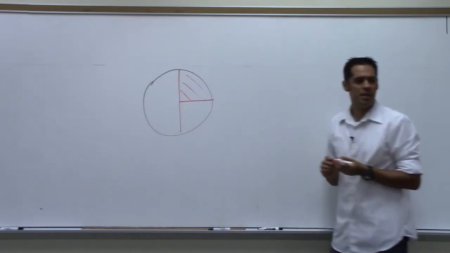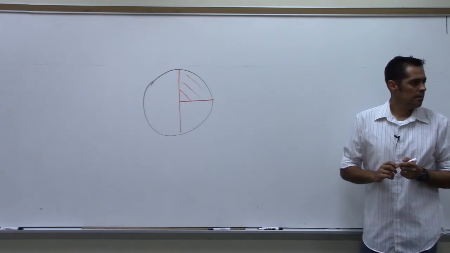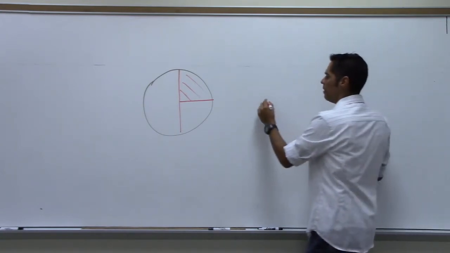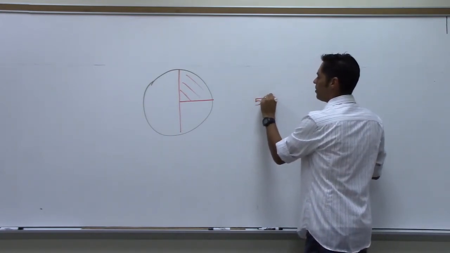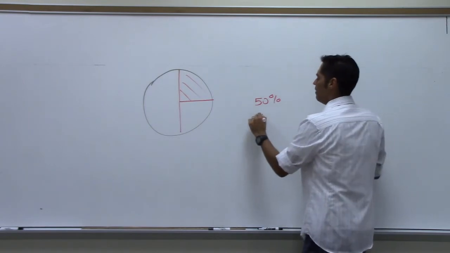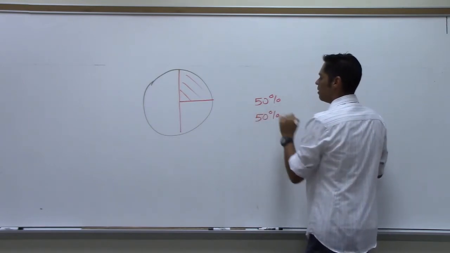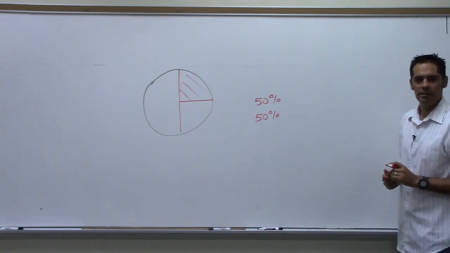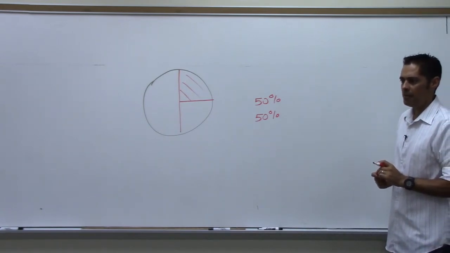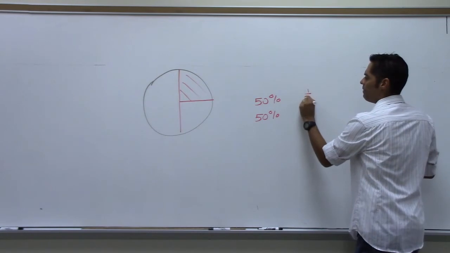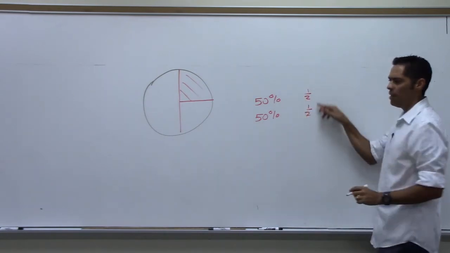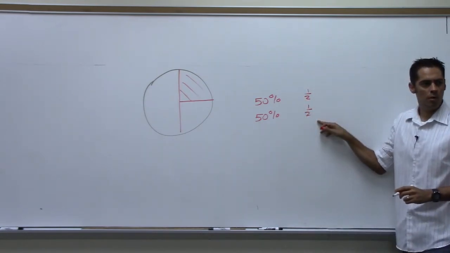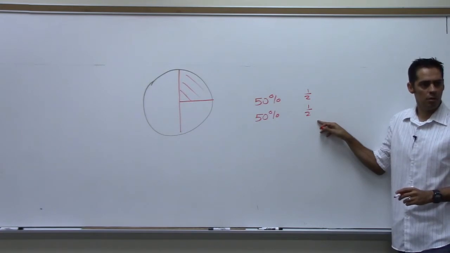It's 25%, right? 50% are going to go to UTSA, and then 50% are going to major in biology. How do you get to 25% from that? It's half of a half, isn't it? If this is half and this is half, what happens if you multiply these two together? You get 1/4. You get a quarter.